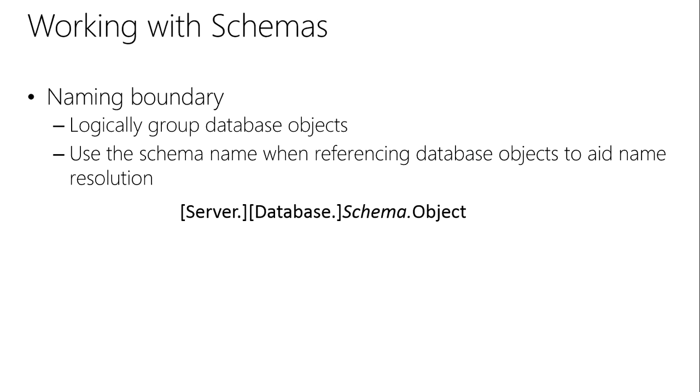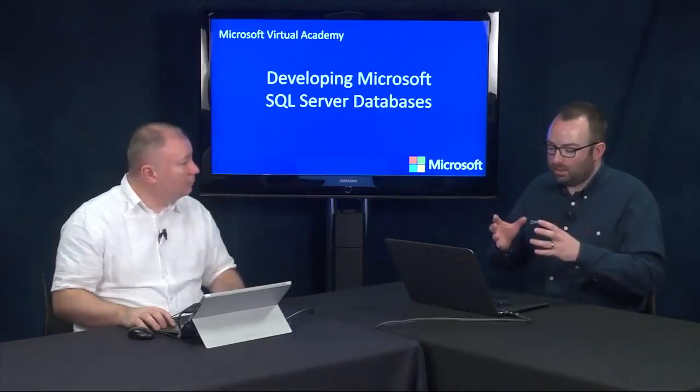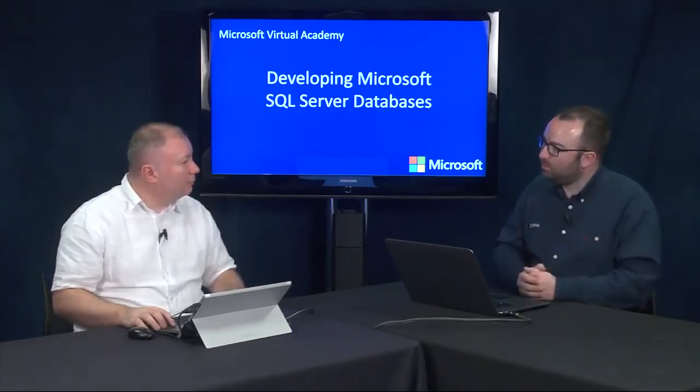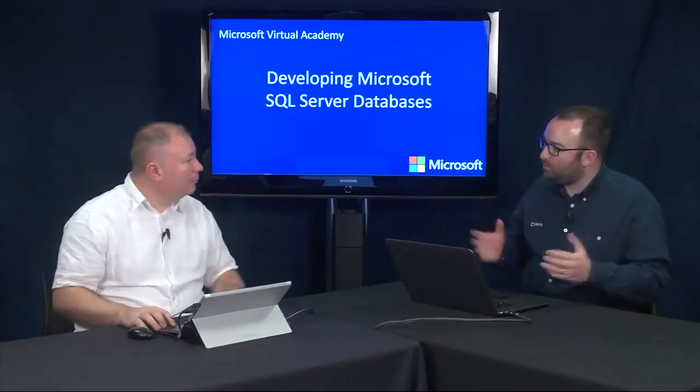Exactly. So this is what we call a 4-part name that we've got on the slide there. And as you mentioned, Graeme, we would normally reference a schema and object because we're in the context of a database, in the context of a server. So you could specify the whole thing, but generally we would use a schema and object name. An interesting area where I've seen this used is a development schema and a production schema as a way of having naming boundaries.